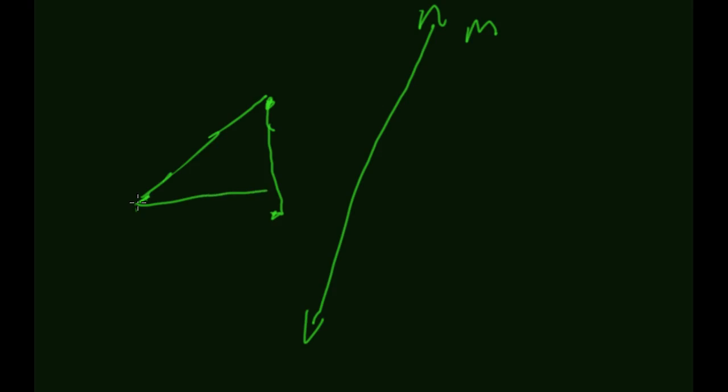I'm going to start with, again, a line of reflection. We'll call it M again. Over here, I'm going to build a triangle. Let's call this triangle A, B, C. Now, I'm going to try to reflect this triangle over this line.